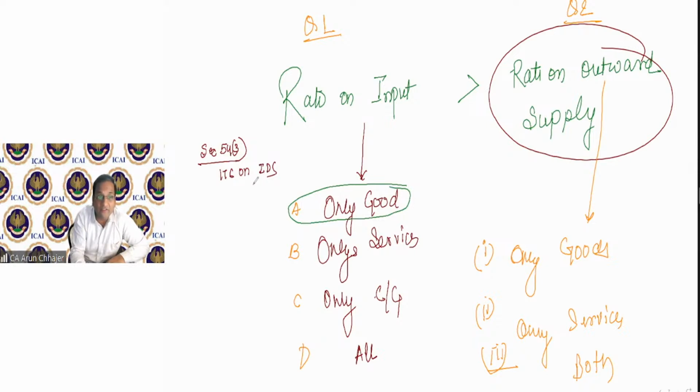When you go for the refund of ITC on inverted duty structure, rule 89 subrule 5 says we will give the refund of only goods input. We will not give the refund of input service. We will not give the refund of capital goods.